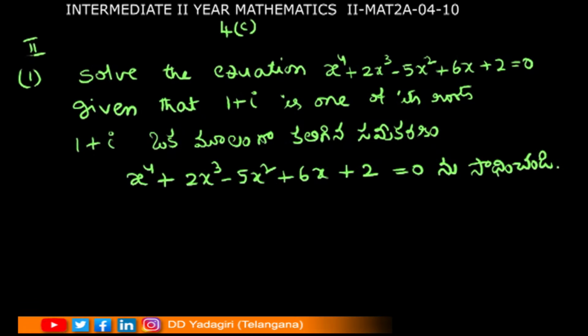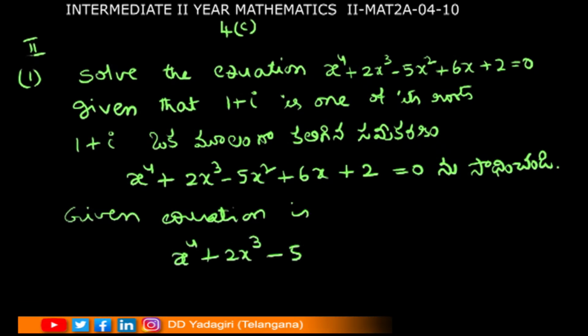Okay. Now, given equation is x power 4 plus 2x cube minus 5x square plus 6x plus 2 is equal to 0. And one of its roots is 1 plus i. Now, what we learned previously in the beginning of the class, whenever 1 plus i is a root, its conjugate is also a root of the equation.